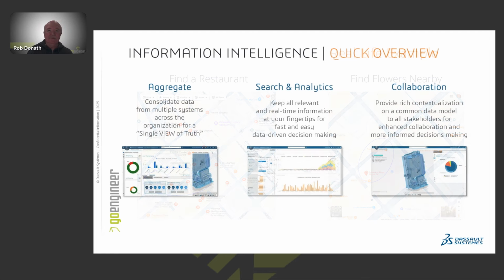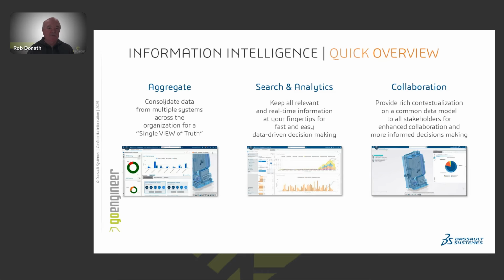And what we do from information intelligence is that we aggregate data from multiple systems across your organization, basically creating a single view of the truth. On top of that data, we can provide search and analytics, which keeps all the relevant data real time, right away in front of you to help make fast and easy decision-making processes.